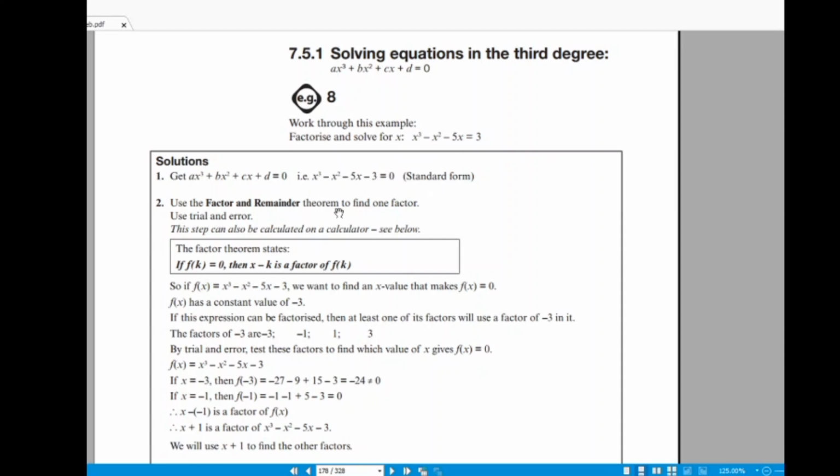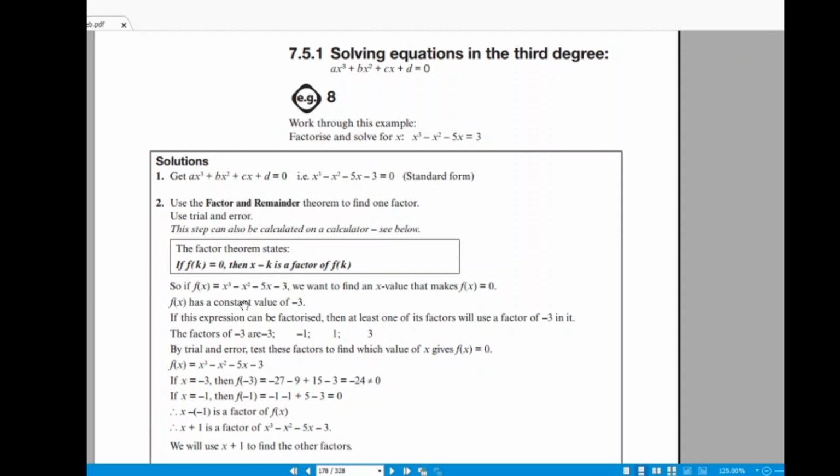So this is where you sort of find one value which will make the whole equation to be 0, right? So the Factor Theorem states that if f of k is equals to 0, then x minus k is a factor of f of x.